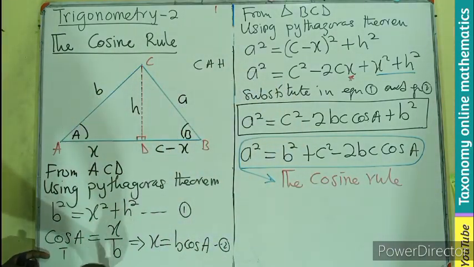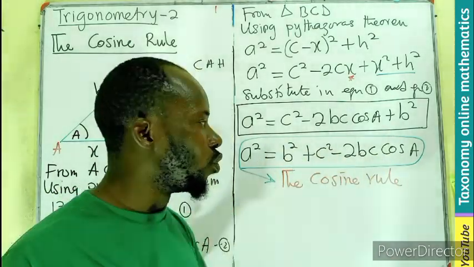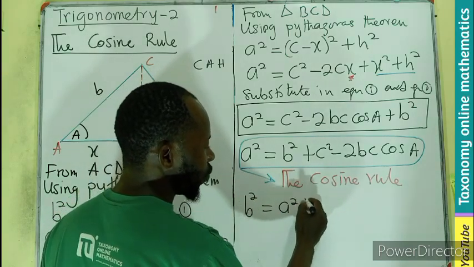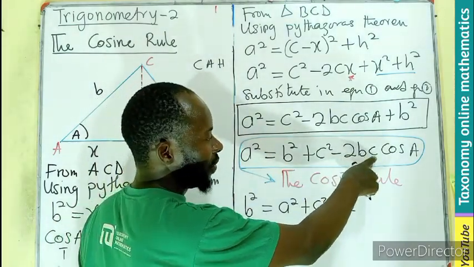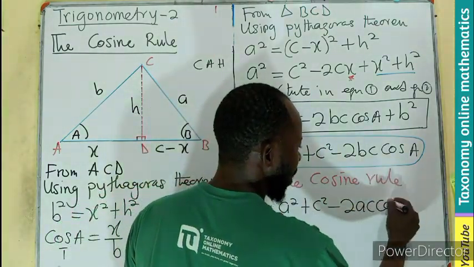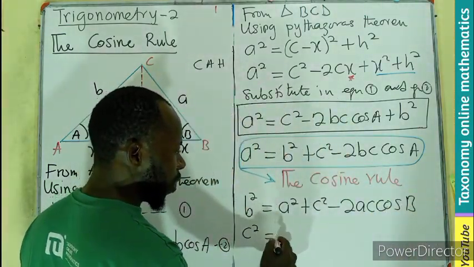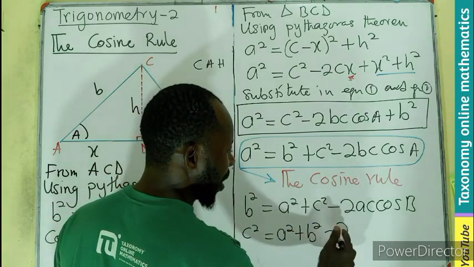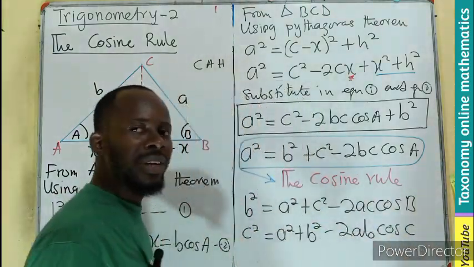It is b cos A. Meaning, if I'm looking for b, it will be b square equals a square plus c square minus 2ac, where 2 is constant, then the cos of the angle B. Looking for c will also be a square plus b square minus 2ab, then the cos of the angle C.